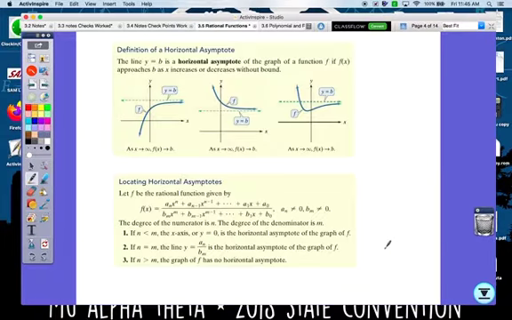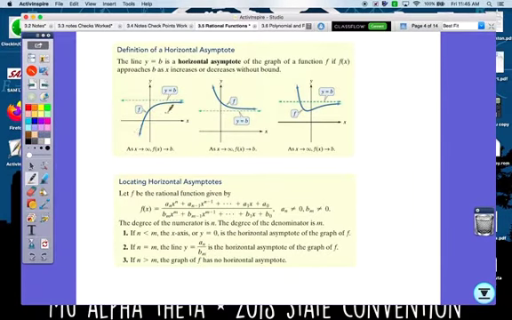Now, rational functions also have what we call horizontal asymptotes, which are, again, imaginary lines or numbers. This is going to be a horizontal line. Y is equal to a number. As you go towards the end of the graph, either toward positive infinity or technically negative infinity, so either to the left or to the right, the graph approaches that line, it gets really close to that line, but it never actually hits it.